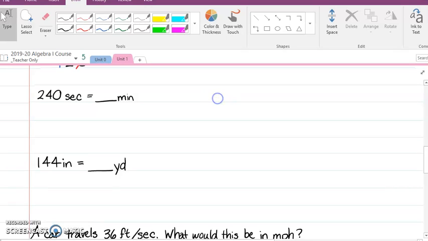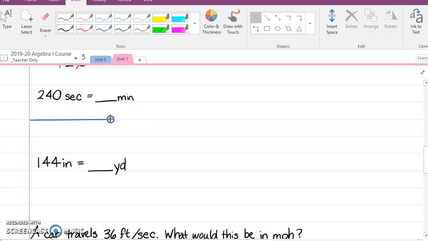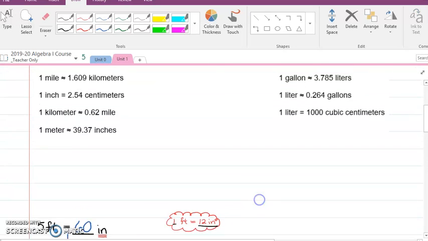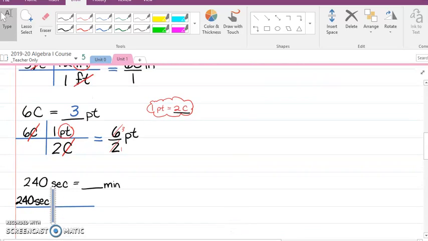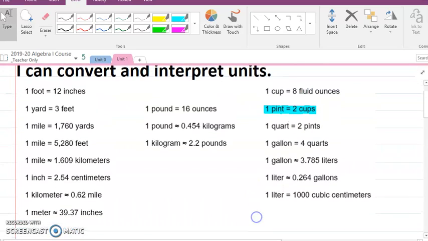Let's talk about time. Let's go from 240 seconds to minutes. 240 seconds, and I'm converting to minutes. That's my goal. Looking at my conversions at the top, you might see that there's not one listed.